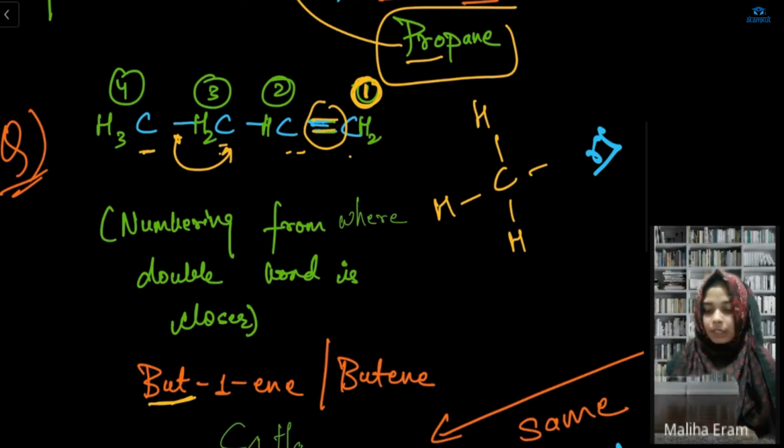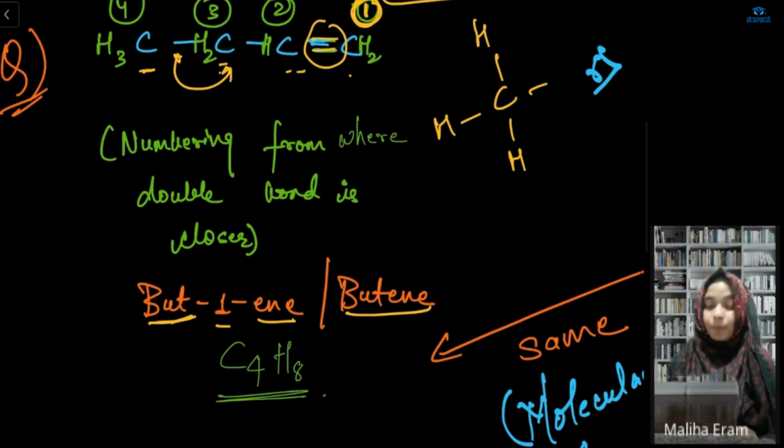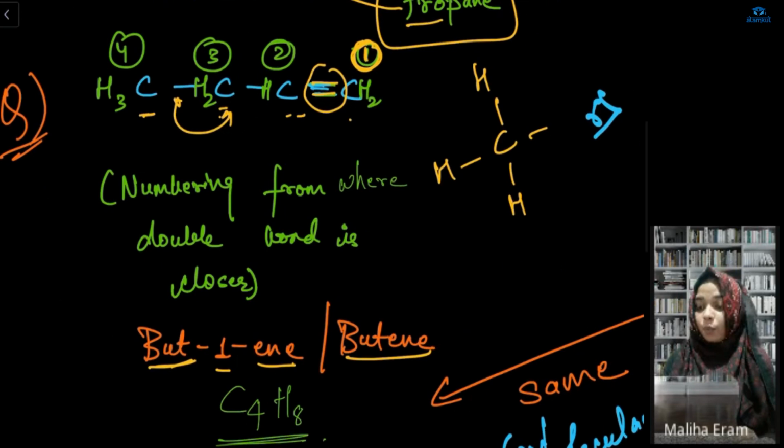Your double bond. So we will write 1 ene. So it will become butene. क्योंकि double bond है तो इसको we will give more priority than single bond. That's why, in position one you are having this double bond, so we will write but-1-ene, which will be your butene.